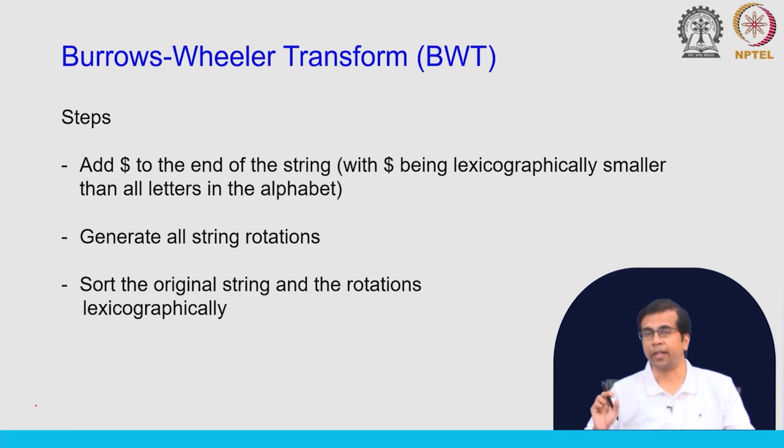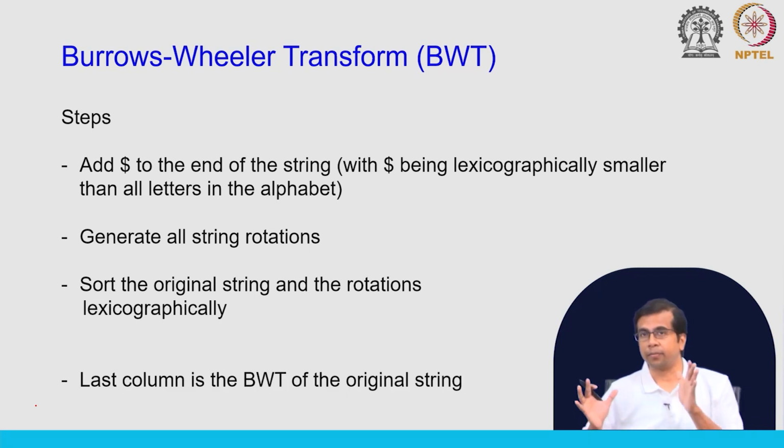We generate all these rotations, take the original string, and sort lexicographically. And in the matrix that we generate, the last column is the Burrows-Wheeler transform of the original string. This Burrows-Wheeler transform has certain properties that you can utilize for read mapping. We will slowly elaborate this whole process, starting with the Burrows-Wheeler transformation.